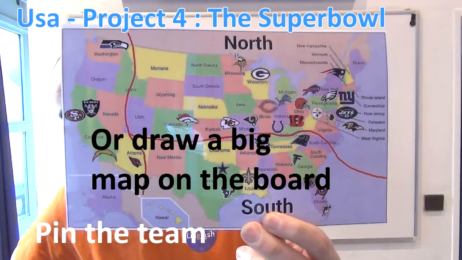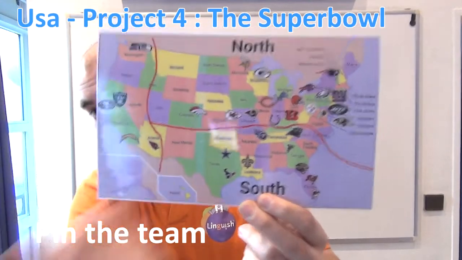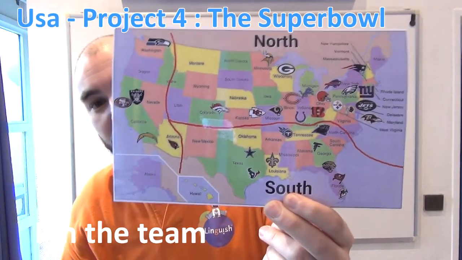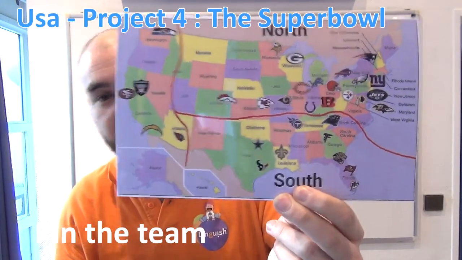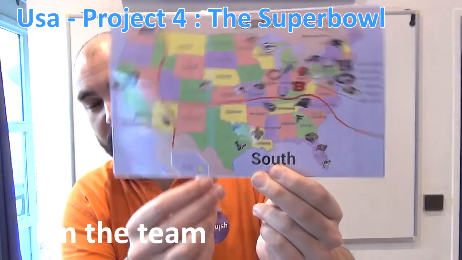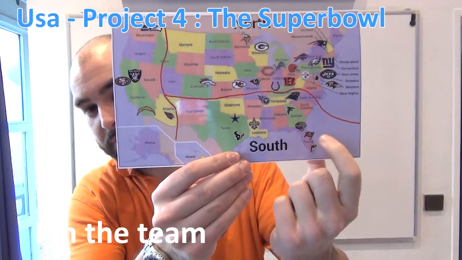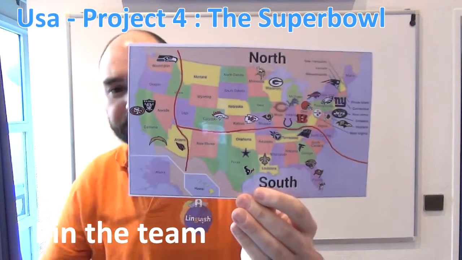But for the camera, I'm using this map. So show them where each team is. Of course, showing them that the San Francisco 49ers are on the West Coast, that the Tampa Bay Buccaneers are in the South, in Florida, etc., etc.